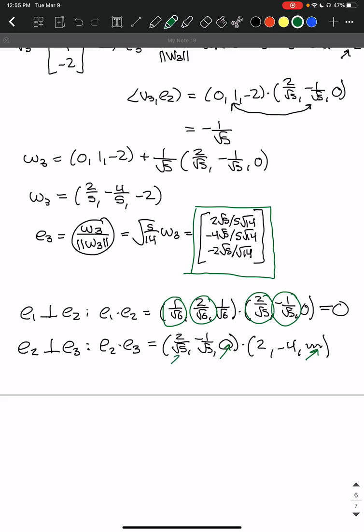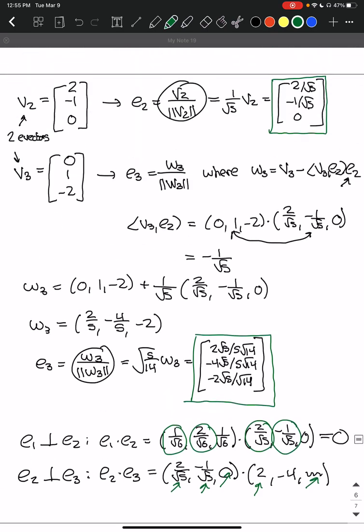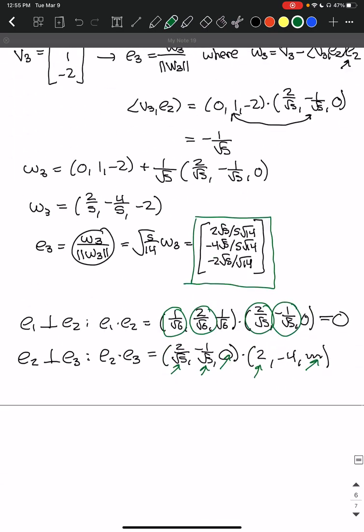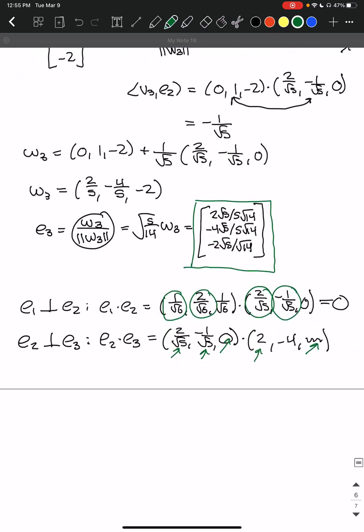And then I have 2 times something times 2 times something else, and then I have minus 1 times something. Here, I messed up somewhere. That's not a minus, is it? No, it is. Sorry, I got my minuses messed up somewhere.